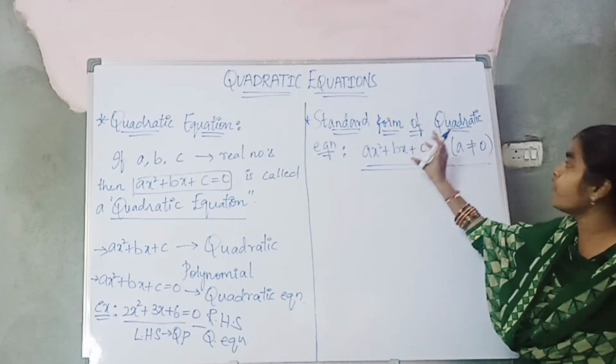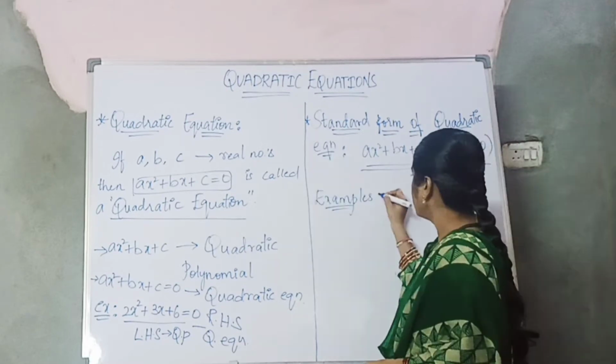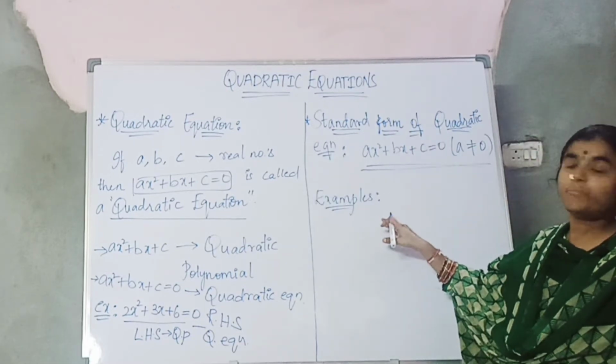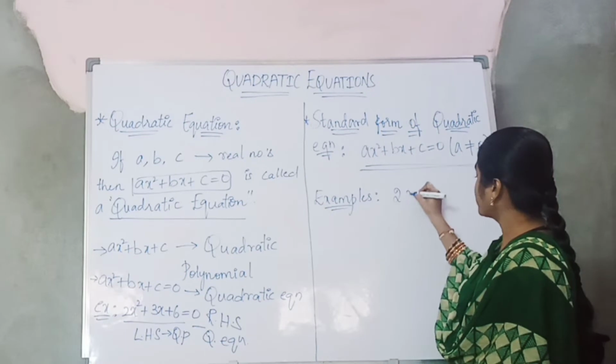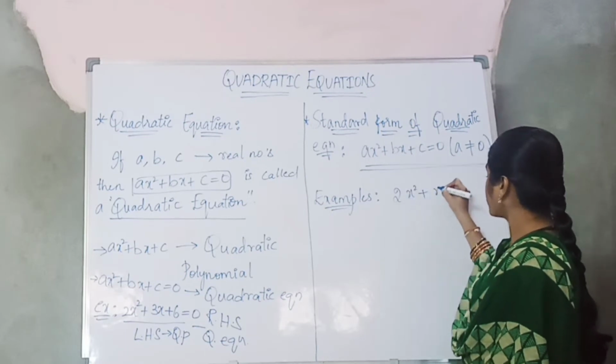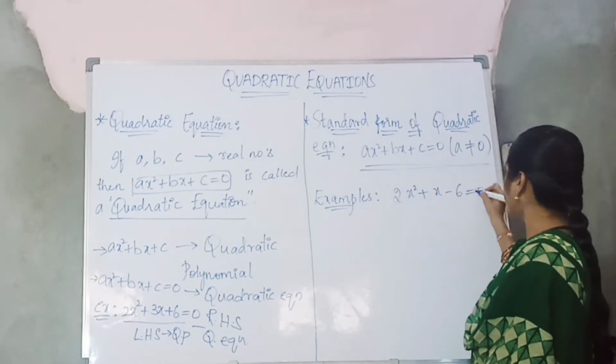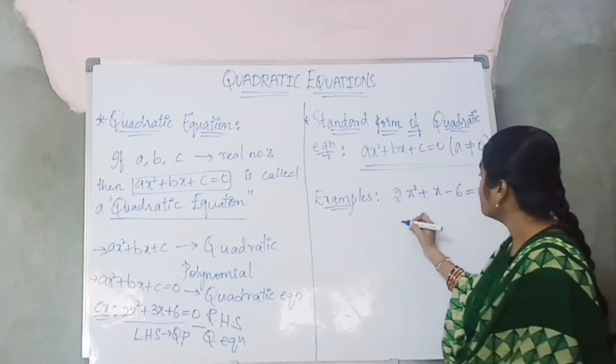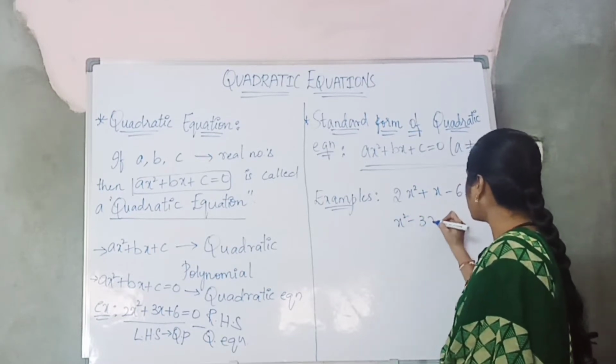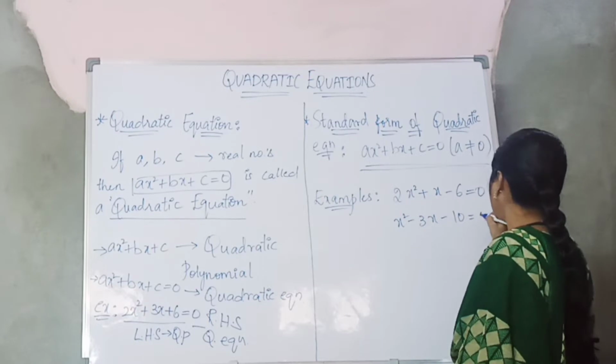This is the standard form of quadratic equation. Now let us discuss some examples of quadratic equation. 2x square plus x minus 6 equals to 0 is a quadratic equation. Next, x square minus 3x minus 10 equals to 0.